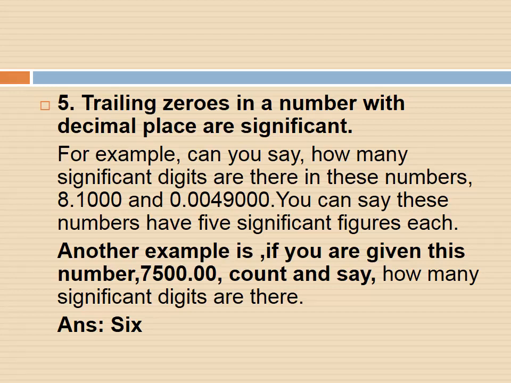Another example is given. If you are given a number 7500.00, you have to count and say how many significant digits are there in this number. No doubt, you will say it is 6.